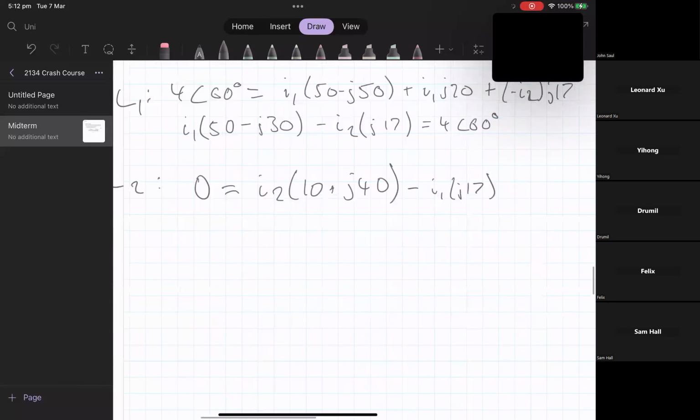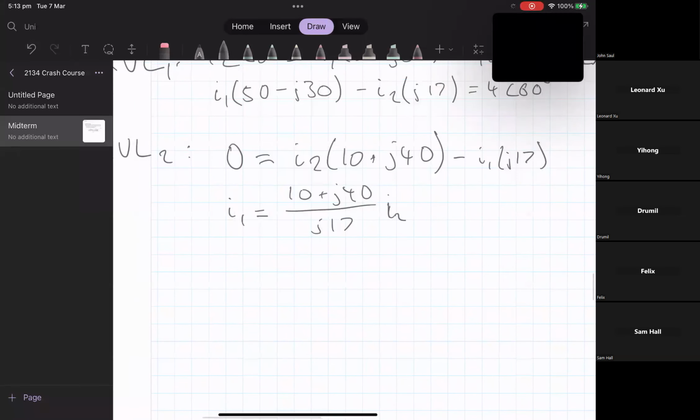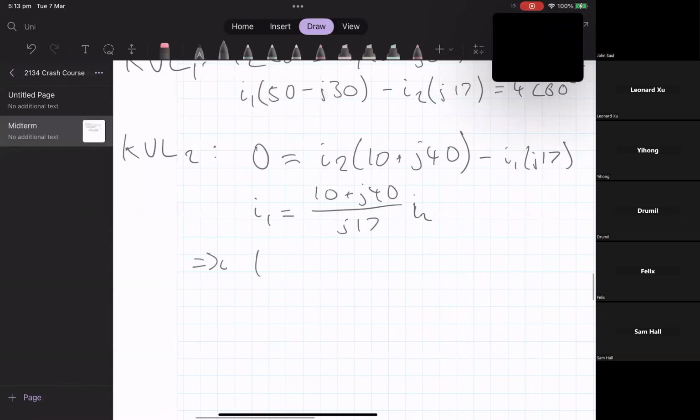And then for the simultaneous solution, we can set I1 equal to something in terms of I2.